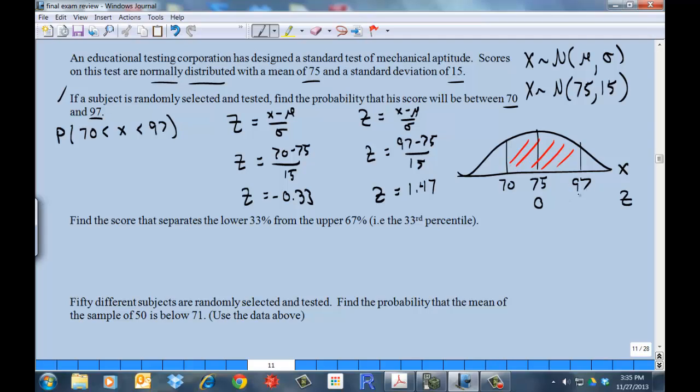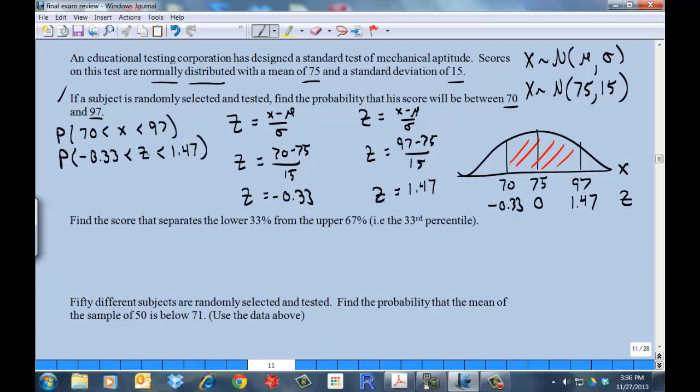The 97 becomes 1.47 and the 70 becomes minus 0.33. X, of course, is converted into z.